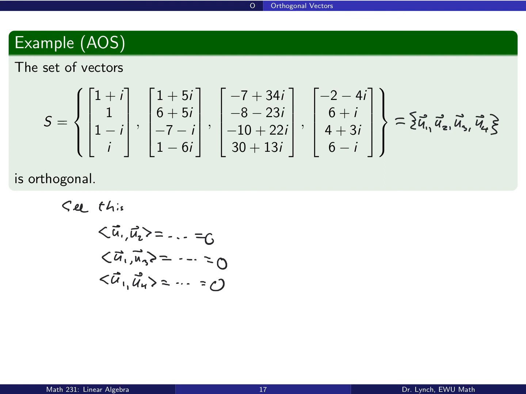Now we're not done yet, because the inner product of u2 with u3 is 0, the inner product of u2 with u4 is 0, and then the inner product of u3 with u4 is 0. Now, of course, inner product is commutative with respect to complex conjugation, but the complex conjugate of 0 is 0, so this also shows that, for instance, the inner product of u1 with u2 is 0. Okay, so as it turns out, this is an orthogonal set.